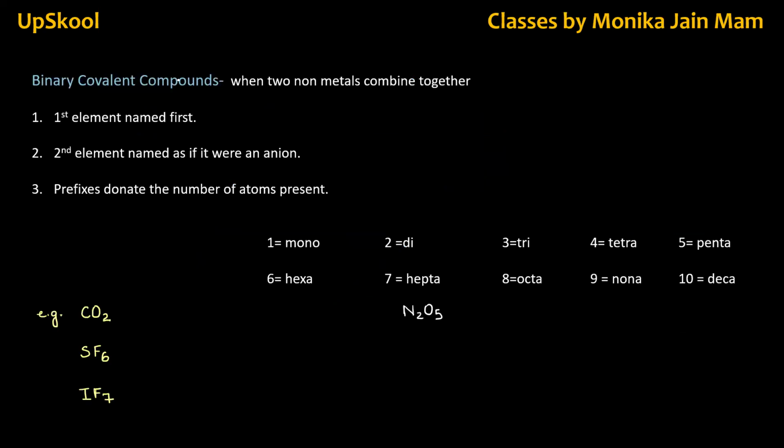This is the formula, Mg3(PO4)2. So binary covalent compounds. Binary means two elements are there. Covalent, not by exchange, by sharing of electrons. So here two non-metals combined together. First element named first and second element named as if it was an anion, like CO. First element is carbon.